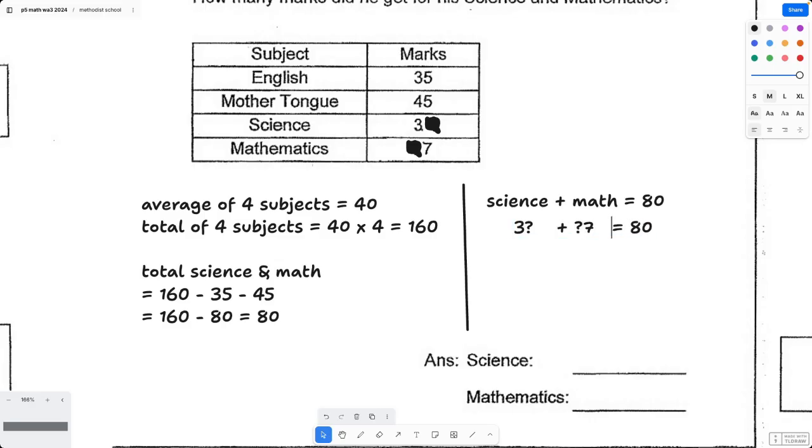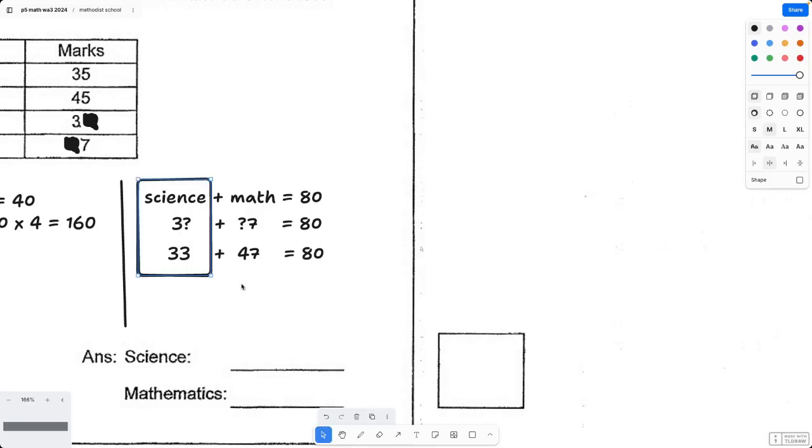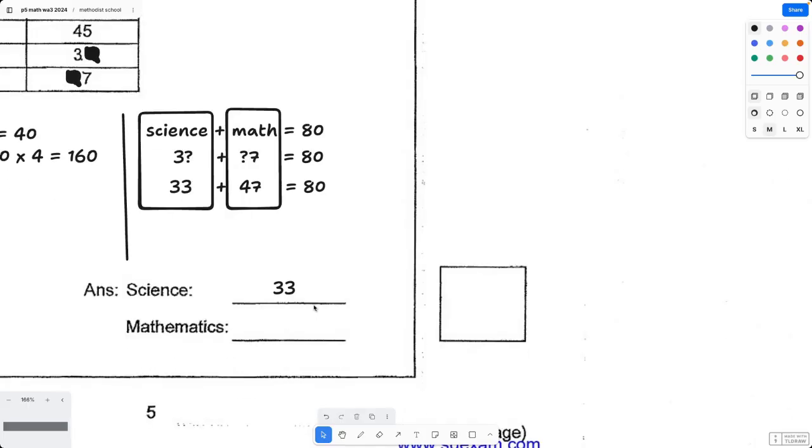Now 33 plus 47, which in this case math is 47. There you go. So science is 33, and then math is 47 in this case.